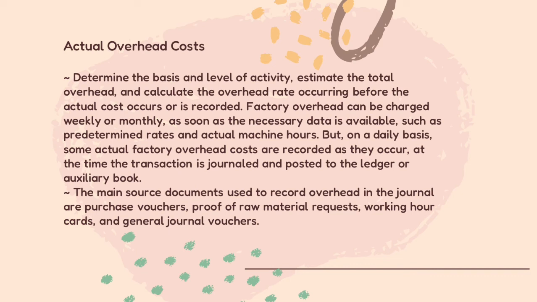Factory overhead can be charged weekly or monthly as soon as the necessary data is available, such as predetermined rates and actual machine hours. But on a daily basis, some actual factory overhead costs are recorded as they occur, at the time the transaction is journaled and posted to the ledger or auxiliary book.